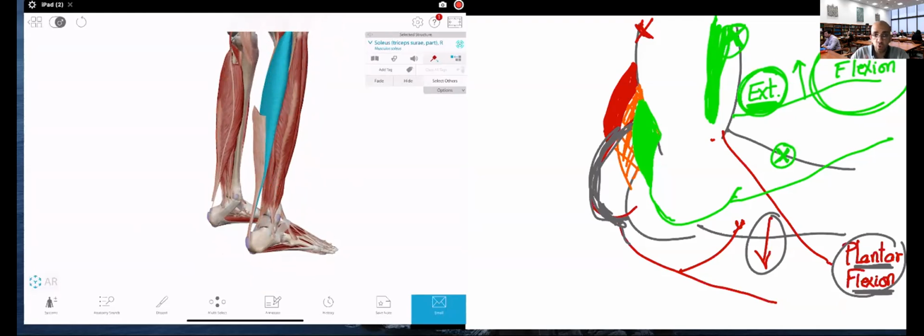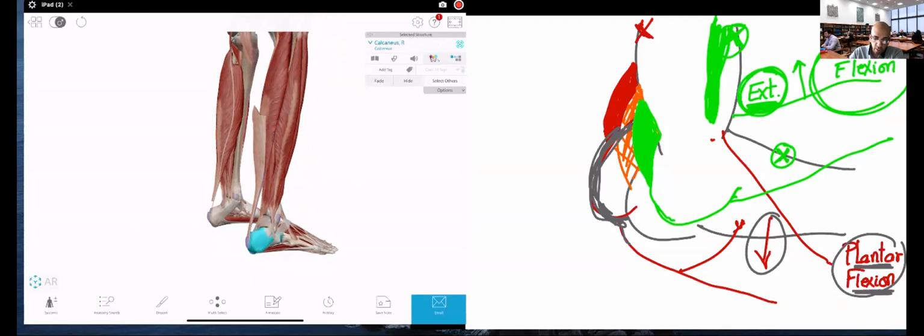So again, two muscles here that we're looking at in the posterior aspect of the leg that will allow the movement of the foot. We've got the gastrocnemius, we've got the soleus. Both of them are going to be inserted by a single tendon in my calcaneus.